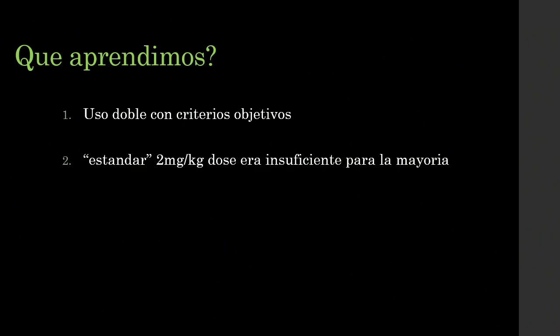We also found that when we gave the standard dose that people report, 2 milligrams per kilogram, it was insufficient for the vast majority of kids with proximal hypospadias. We had to go to higher doses in order to grow the penis to the size that we wanted to achieve. But most importantly, at the end of the day, we weren't worried about penis size.